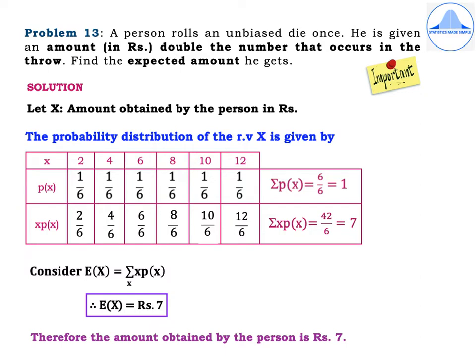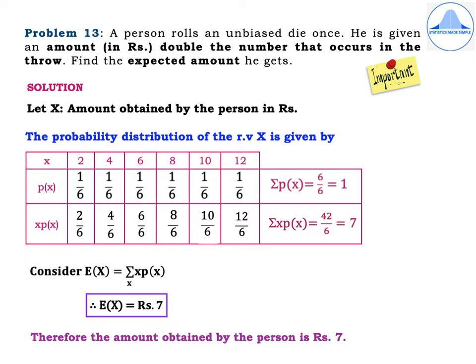Similarly, he gets 4 rupees if the die shows the number 2, and the probability of getting number 2 is 1 by 6. In a similar way, the probability of getting any number on the die is 1 by 6. So in the second row, you'll have P(x) where all the values are 1 by 6, and you will know that summation P(x) is equal to 6 by 6, which is equal to 1.